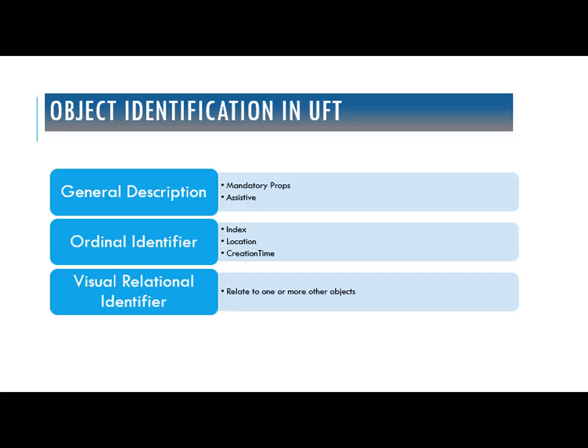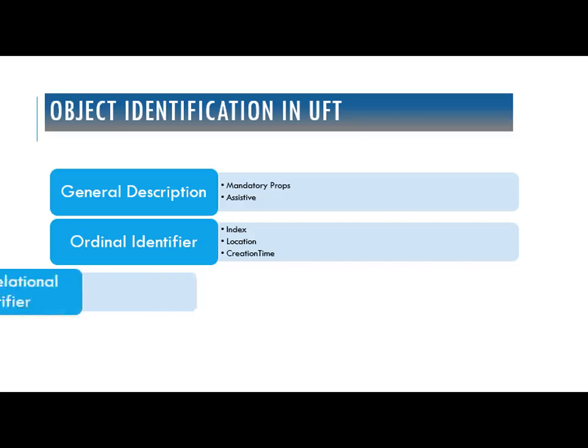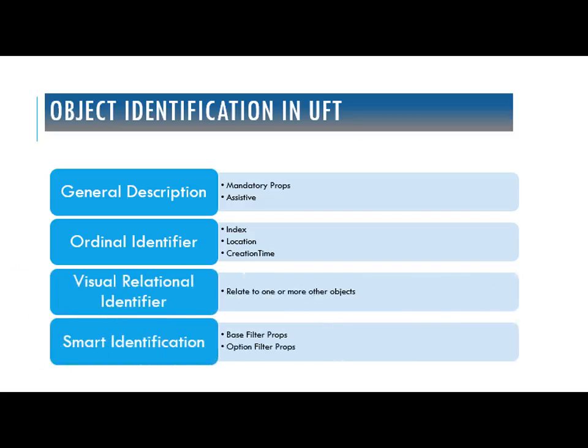And then we have visual relational identifier, where we relate one object with another object, or one or more objects, in this level. And when I say smart identification, generally we have base filter and optional filters on that.